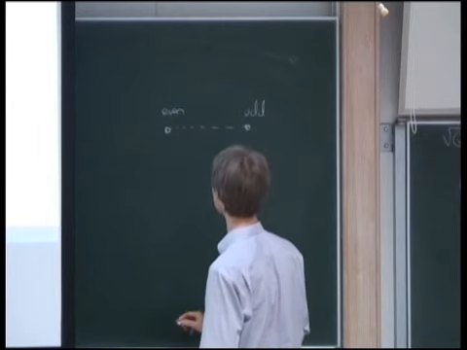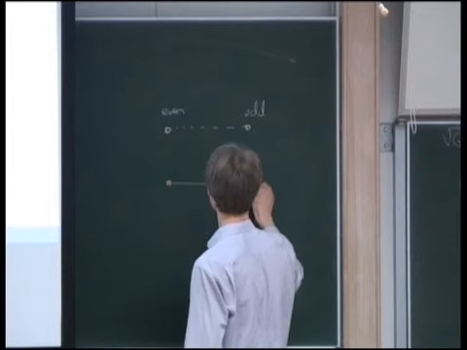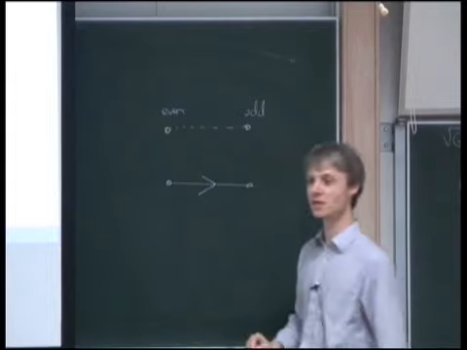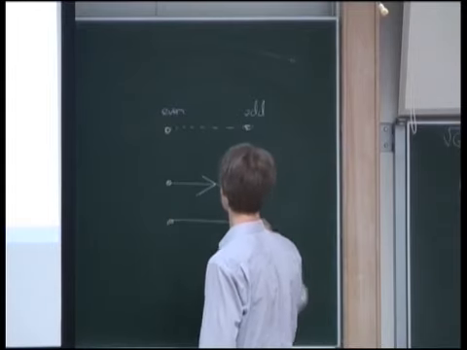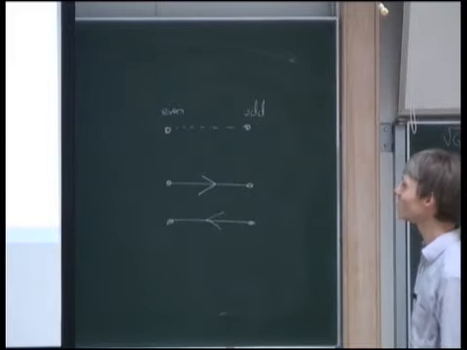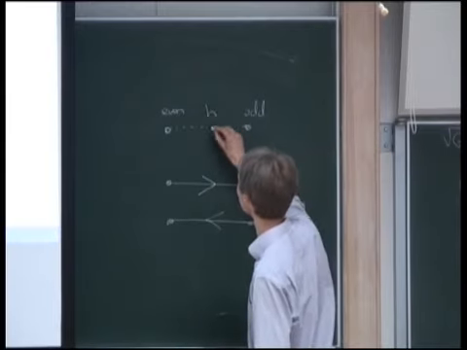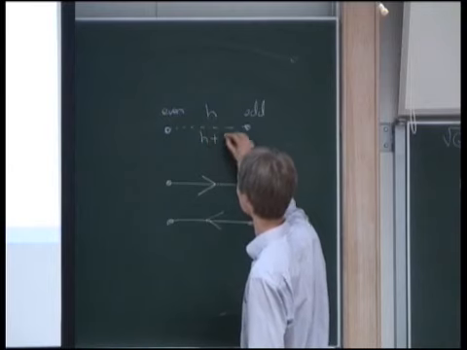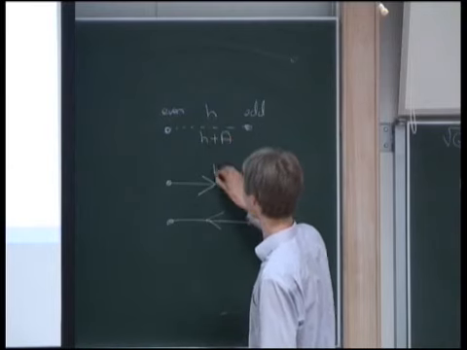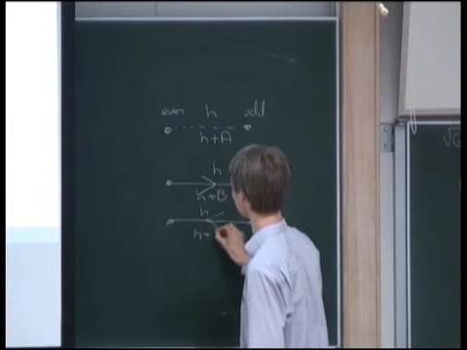Either the edge can be empty, or there can be an oriented loop going in one direction or in the other direction. So let me say that this thing here is associated with a height difference of A, where I don't know what A is. This is B, and this is C.